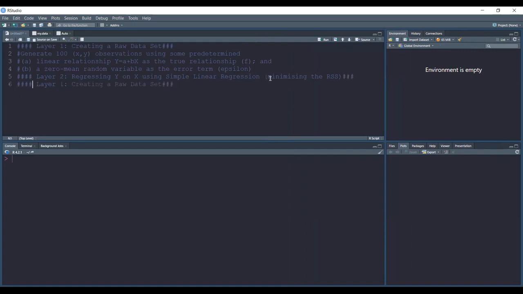Layer three is repeating previous two layers using multiple data sets. Okay. So repeating previous two layers using multiple data sets. Now, let's start with layer one.